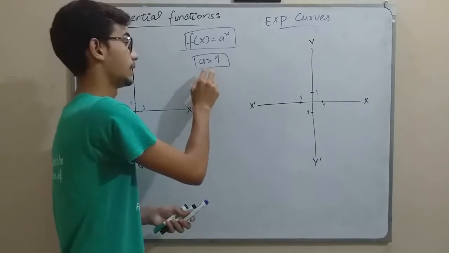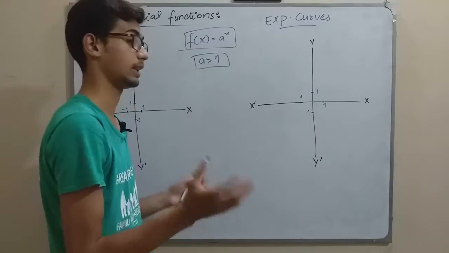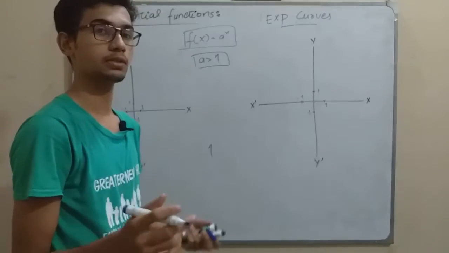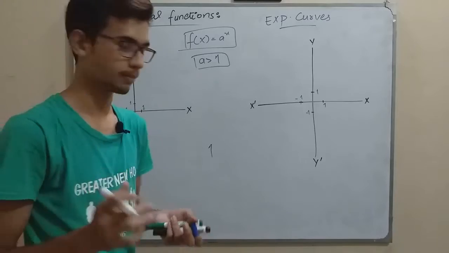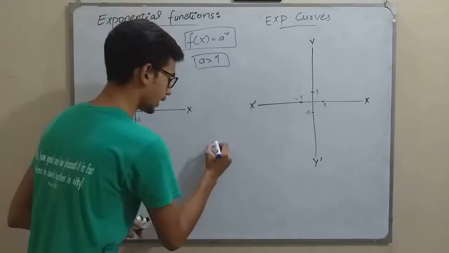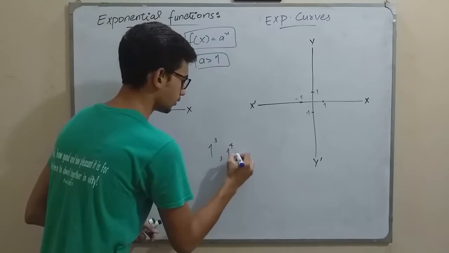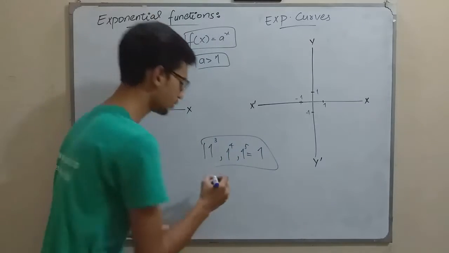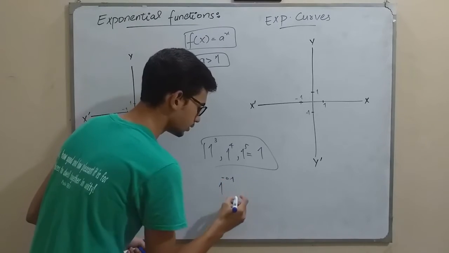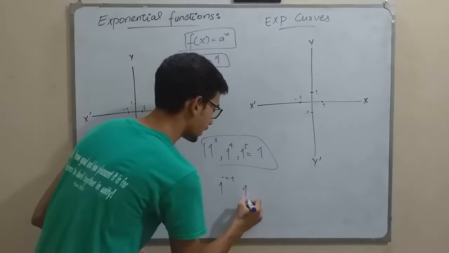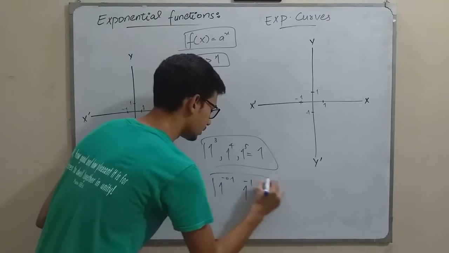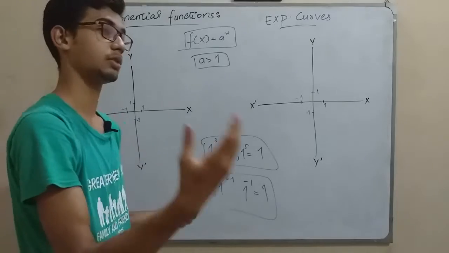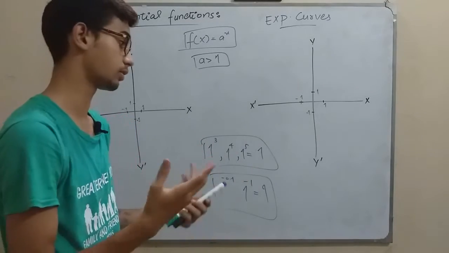So why should the base be greater than or less than 1? Because suppose the base is 1 and it is raised to any power like 3, 4, 5, it will be equal to 1. It means that even if you have a power of negative 0.1 or negative 1, it will be equal to 1. Well, that's another proof of why 1 raised to any number is equal to 1.